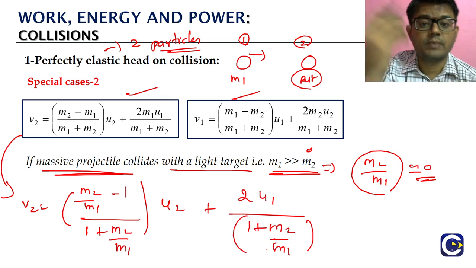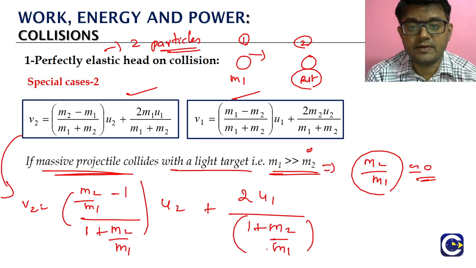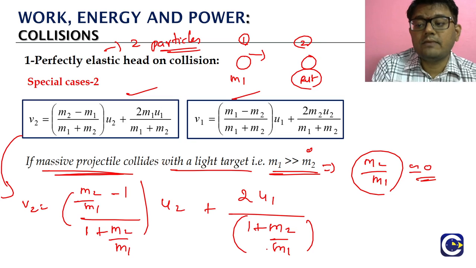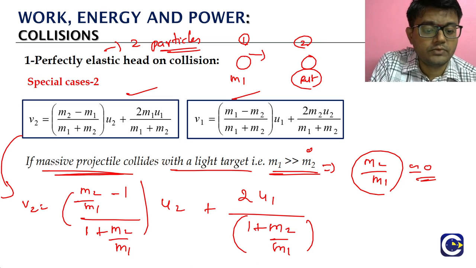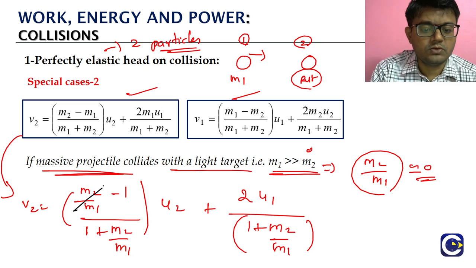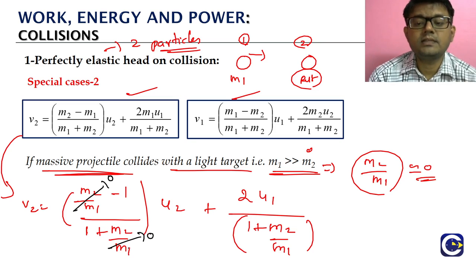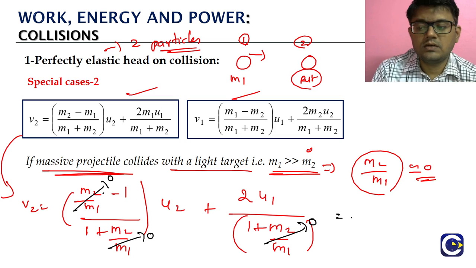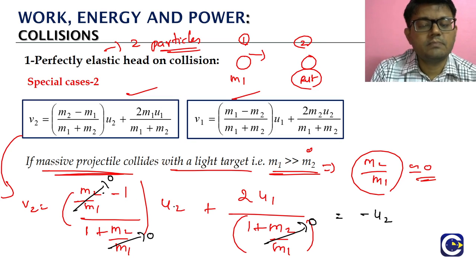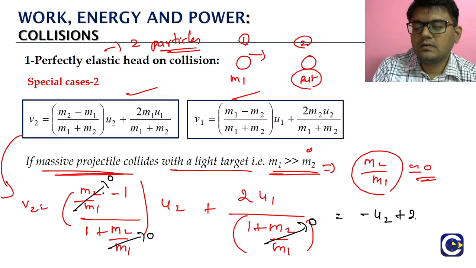We are dividing both numerator and denominator by M1. Now we approximate M2 by M1 to 0. So this is 0, this is 0. What is it? 0 minus 1 by 1 plus 0, which is minus 1 overall. So minus 1 into U2 means minus U2. 2U1 is there in the numerator, and the denominator 1 plus 0 is 1.